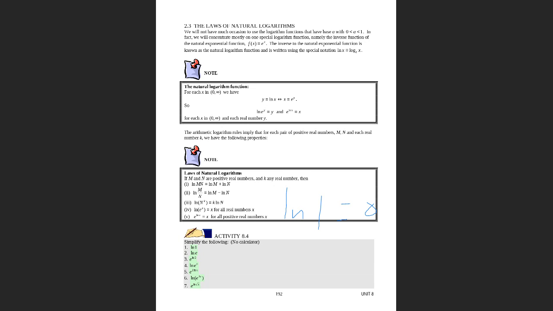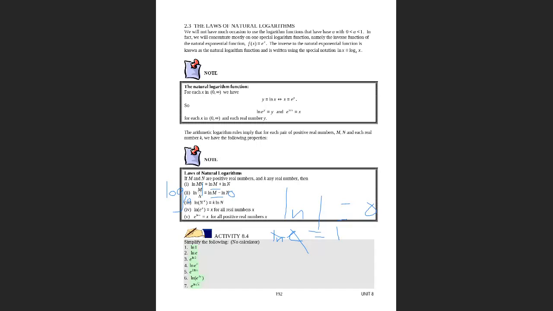Because log of 1 to the base 10 is 0, since n exponent 0 is 1. So ln 1 is 0. Then ln e: the ln cancels out the e, so you are going to have 1.